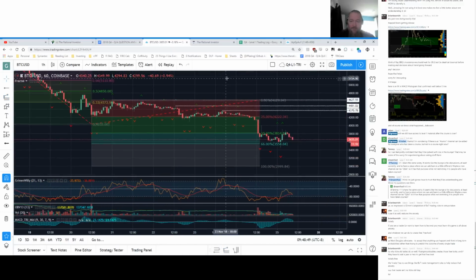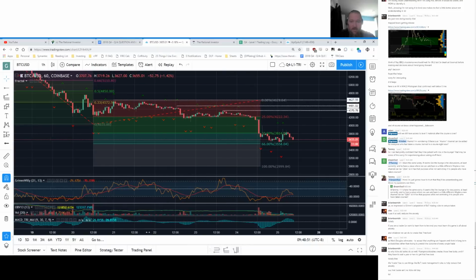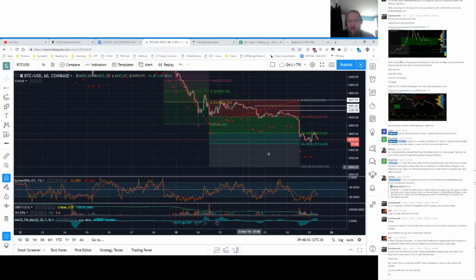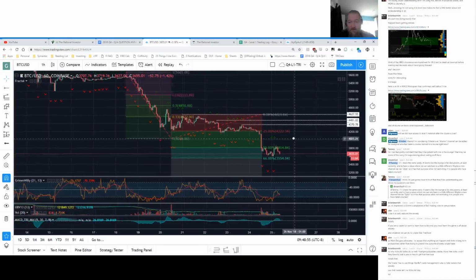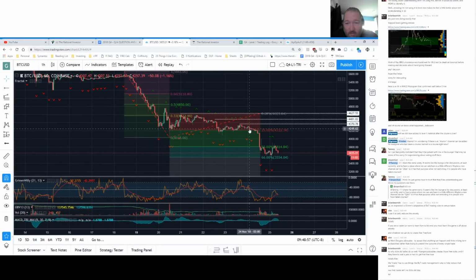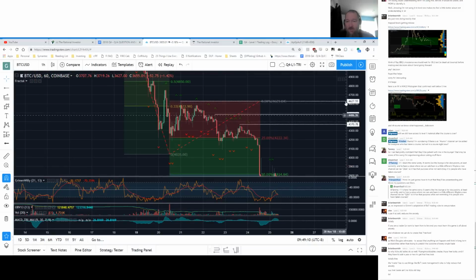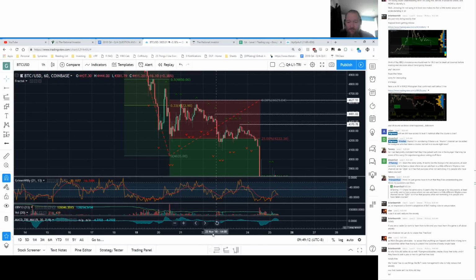Alright. Now here's part of the problem. We could have gotten in there, right? What I would have looked to do is get in on the break of this M. Now we've already got the three other lows, so I'm good with almost anything to get me in on this trade at this point, right here.